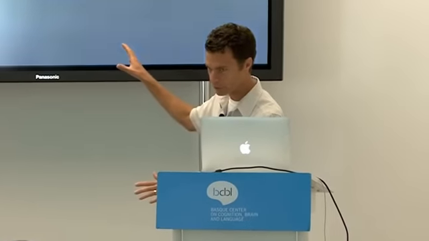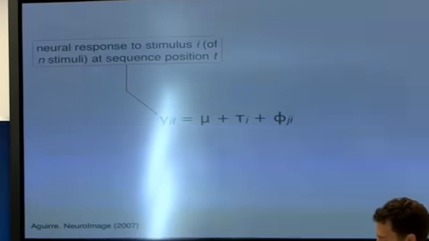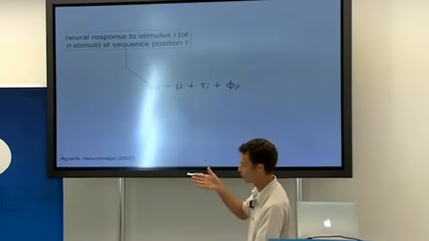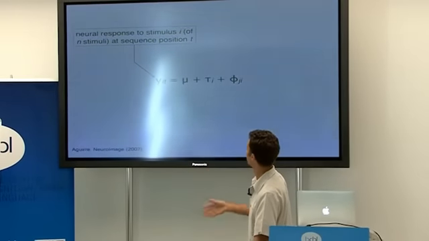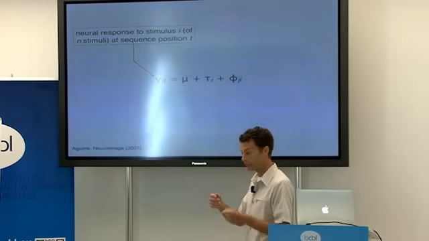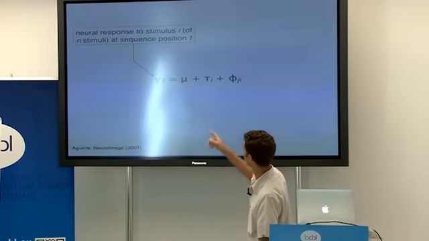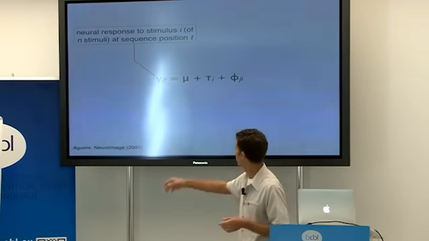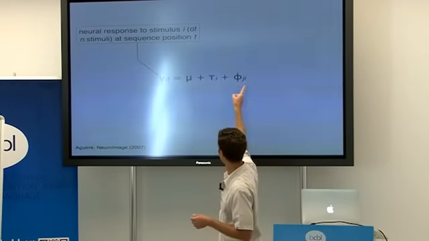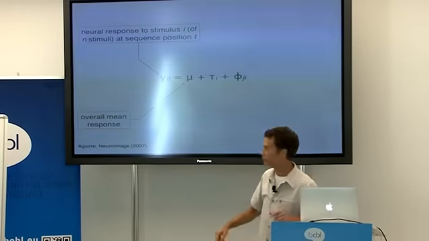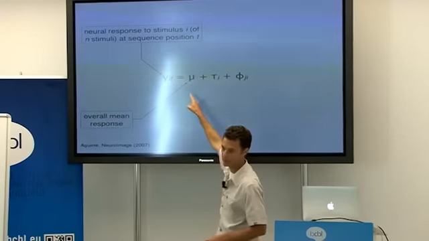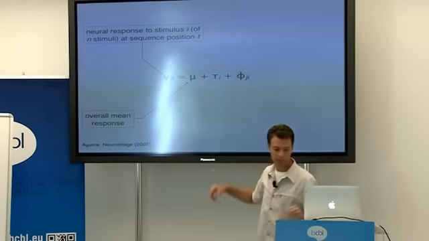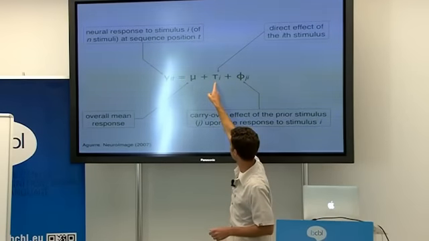And so this is the only equation I will show you, and it's not a scary equation. It's really easy. All it's saying is that, now in the context of neural responses, your neural response to a stimulus at a given position in time is going to be the result of the sum of these different things. Those things are the overall mean response, so your response on average to all the things you saw, and the response to the thing itself.